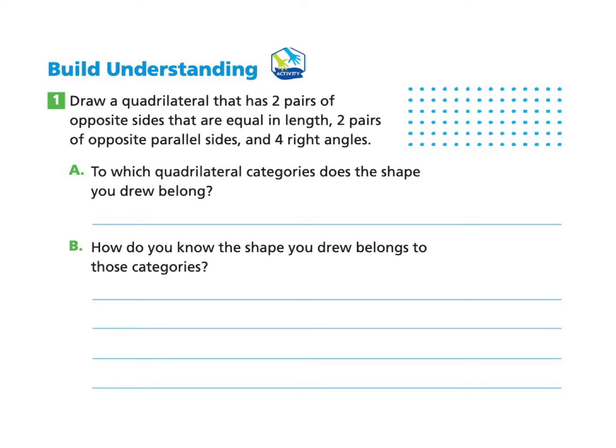We will start under Build Understanding Part 1. Draw a quadrilateral that has two pairs of opposite sides that are equal in length, two pairs of opposite parallel sides, and four right angles. So I am going to draw two pairs of equal sides.